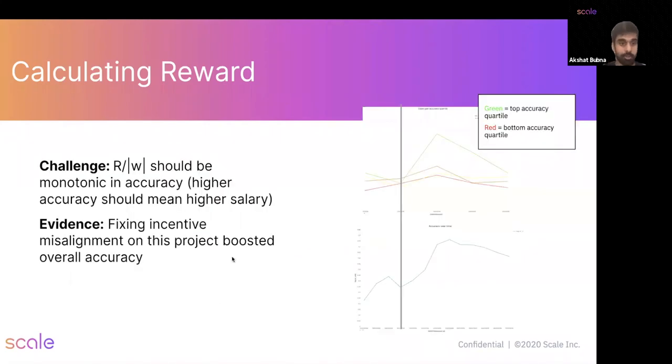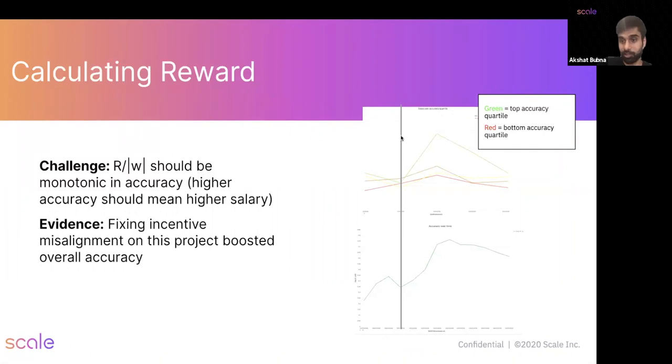Cool. So to rephrase that, reward over effort should be monotonic in accuracy, and higher accuracy should mean higher salary. We have a lot of evidence of that. Here's another example to prove a point: we had a project where incentives were misaligned.